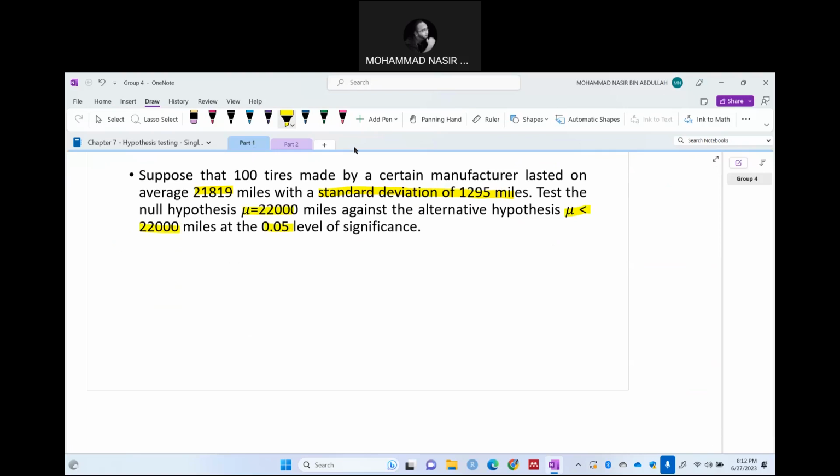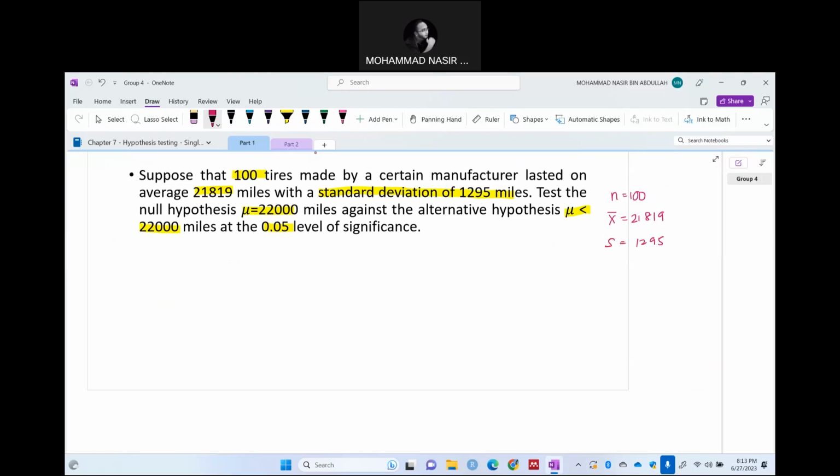In this case, we have n equal to 100, the average X bar is equal to 21,819, and our standard deviation S is equal to 1295. The population standard deviation is unknown, but the standard deviation and average come from 100 tires.